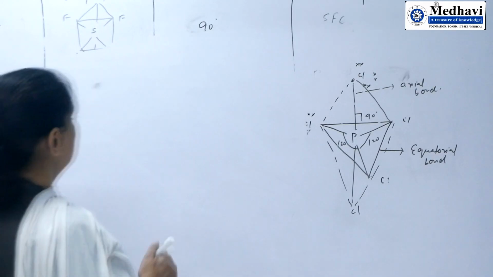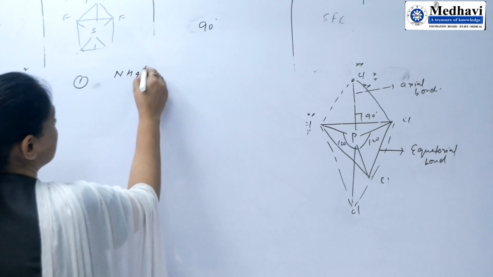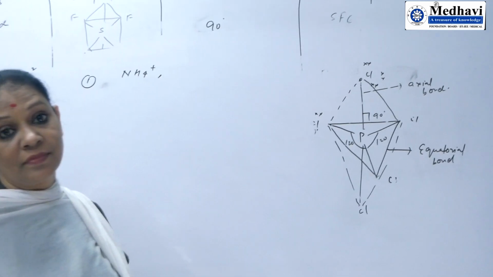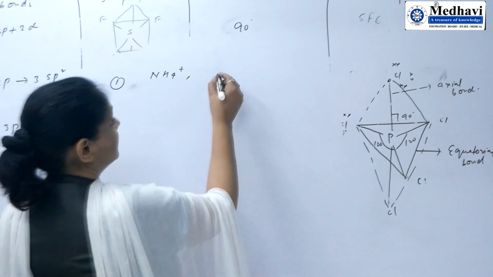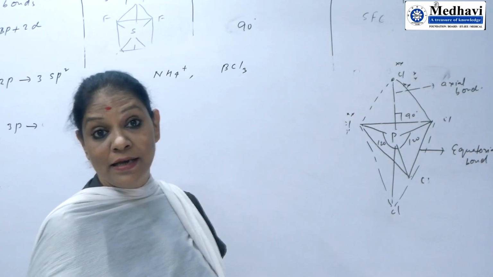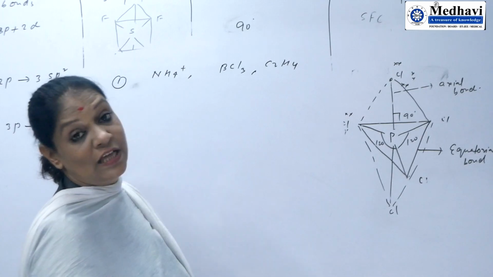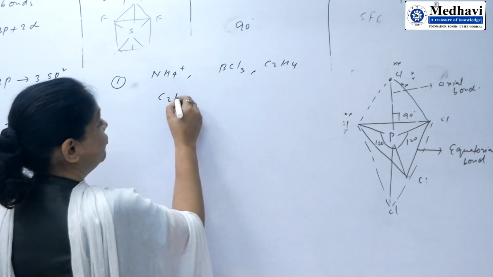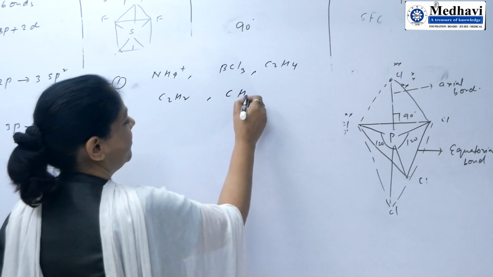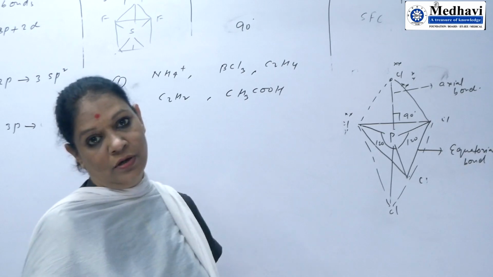Suppose you have to find hybridization of NH4 plus, that is ammonium ion, BCl3, that is boron trichloride, C2H4, that is ethene, C2H2, that is ethyne, that is organic compound, and one more example we can take, CH3COOH.